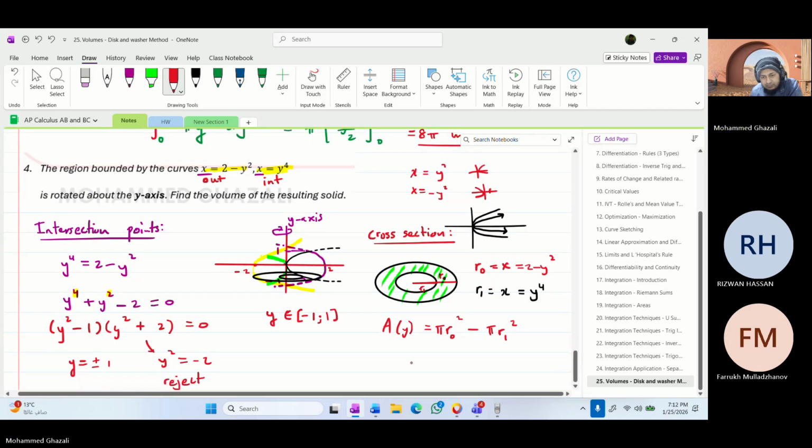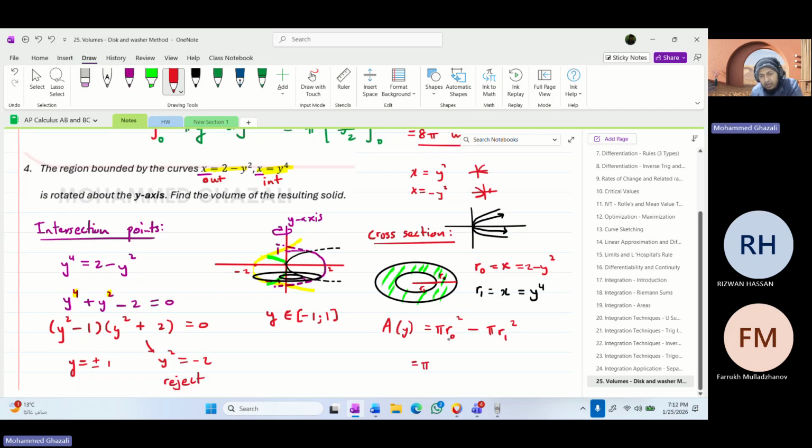Then pi, what's the outer one? So the outer one's 2 minus y squared. All squared. 2 minus y squared, all squared.